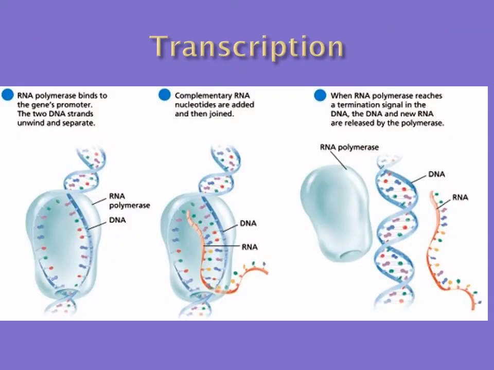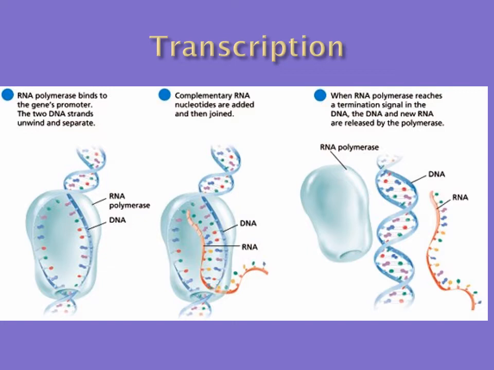So here is a picture of what this looks like. Our first step, over towards the left, is our DNA molecule being untwisted by RNA polymerase. We can see that the ladder has been separated, and we have two sides of the ladder that are not connected where the RNA polymerase is.